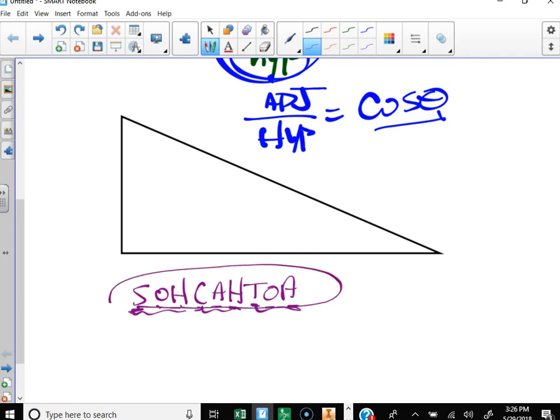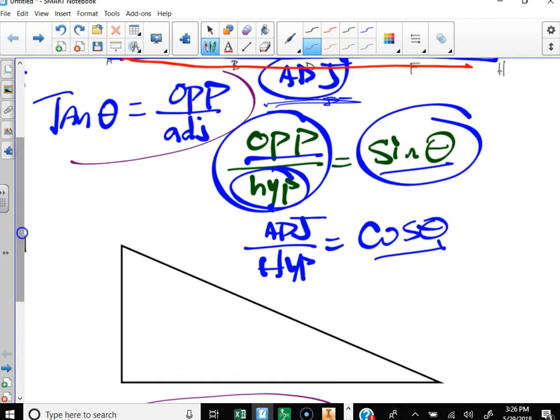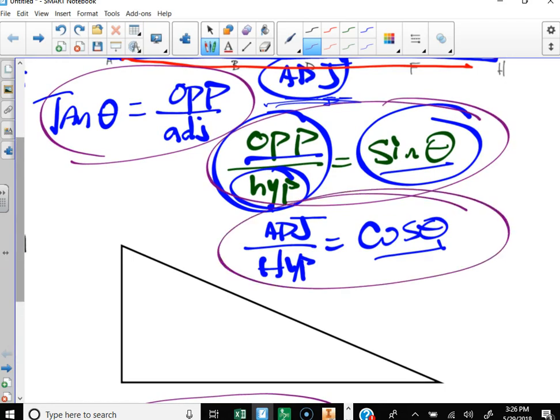If it helps you remember it, have at it. But like I said, sometimes in life it's just as simple as just that, and that. Know them. If someone says the cosine, be able to picture what they're talking about.